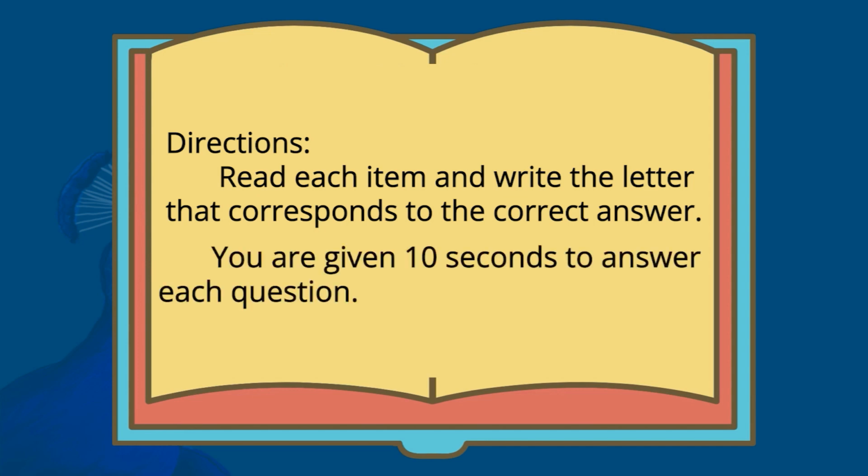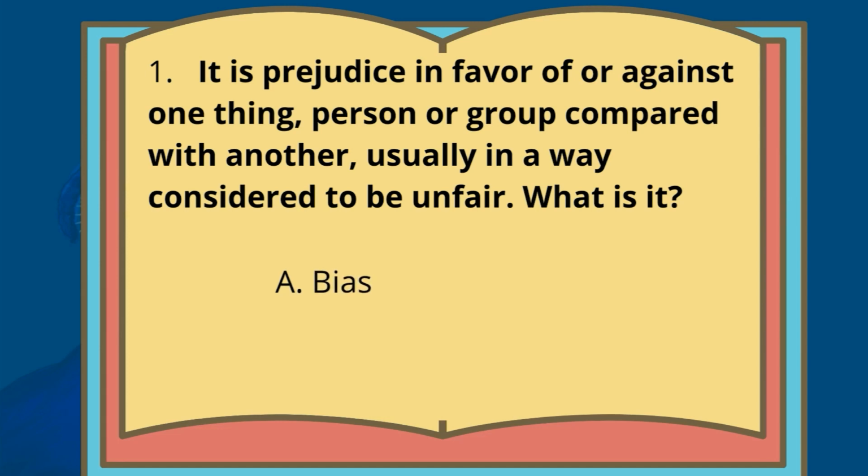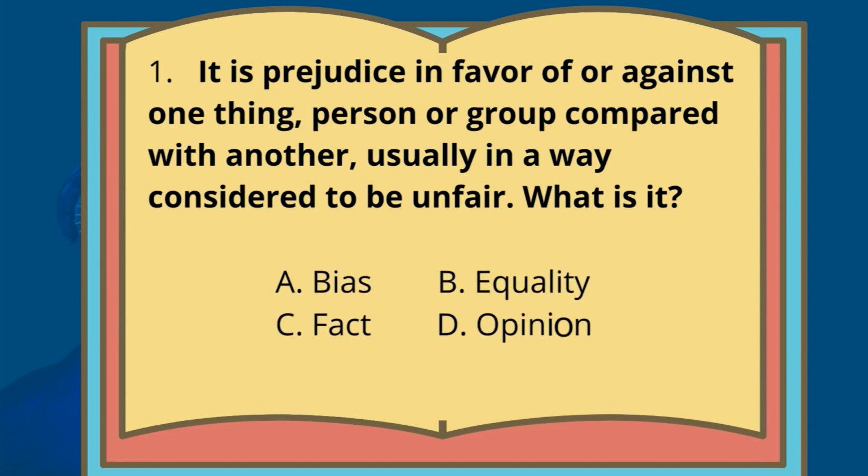You are given 10 seconds to answer each question. Number 1. It is prejudice in favor of or against one thing, person, or group compared with another, usually in a way considered to be unfair. What is it? A. Bias. B. Equality. C. Fact. D. Opinion.